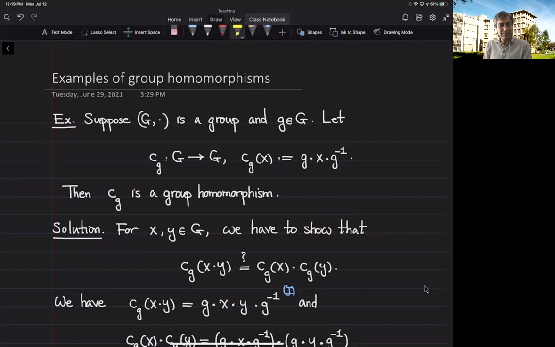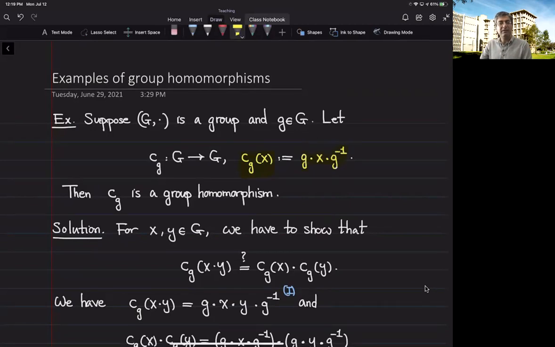Now, what is the example? I give you this group and I give you an element small g inside this group. Now I can define this function from G to G. So what is the function? I feed it an element x of the group. It multiplies this element by g on the left and g inverse on the right.